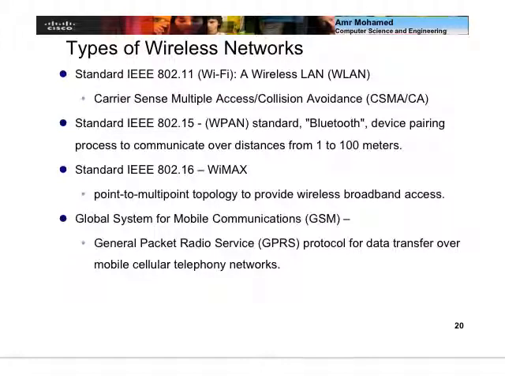IEEE designs or coordinates the standards in the network access layer, which includes the data link layer and the physical layer. And as we said, when we say the data link layer, we actually implicitly mean the MAC layer, which is medium dependent. The logical link control is medium independent, so this gets standardized separately.